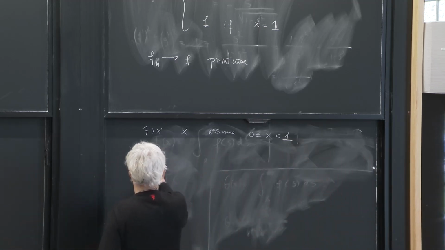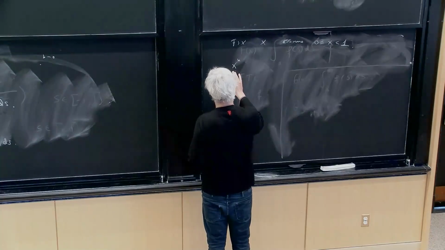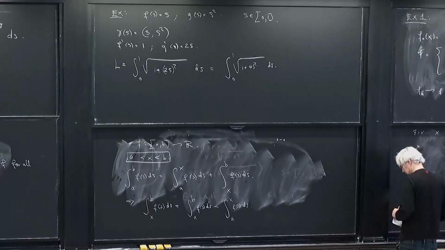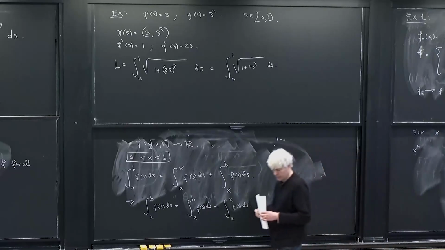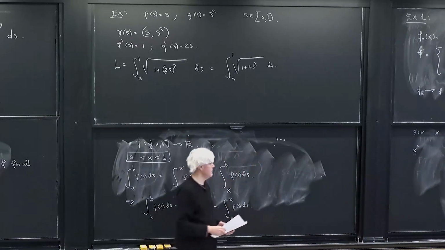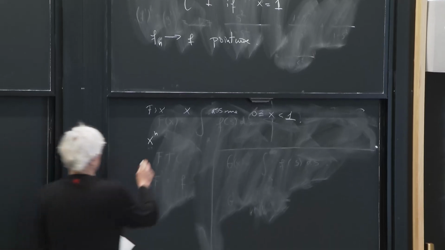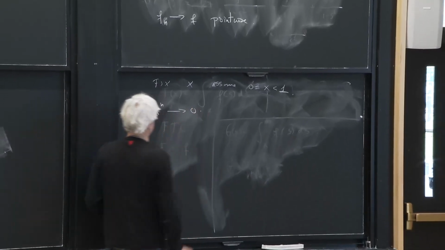Well, if I'm looking at x to the n, so I take some small number, small just means that it's strictly less than 1, and I multiply it by itself n times, well, that certainly goes to 0. Right?